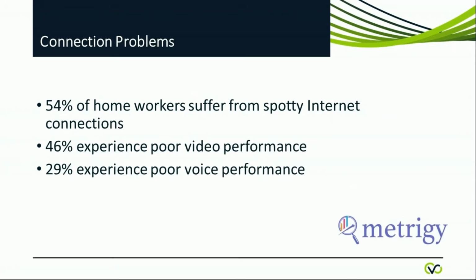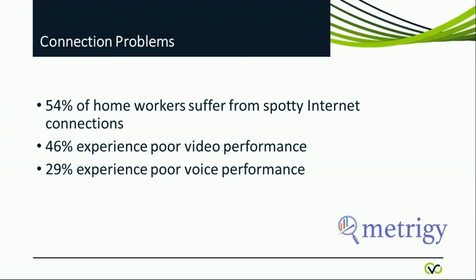Now, Metrigy did a number of surveys for you. What did they discover when they surveyed the home workers? Well, they discovered that everyone working from home is experiencing impacts on their real-time communications in particular. So you can see there that almost half of people are experiencing poor video from time to time.